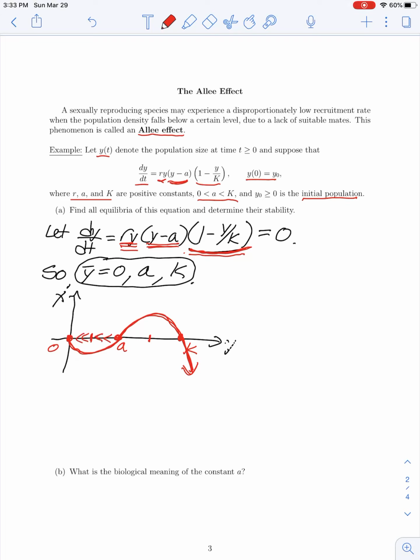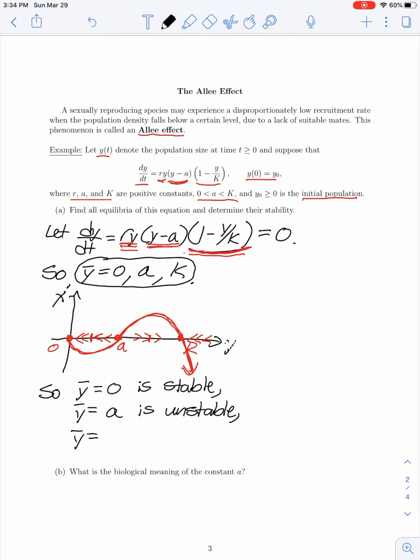So based off this phase diagram that we're looking at, we find that between 0 and a, the values of y are decreasing. Between a and k, the values of y are increasing. And for values of y that are greater than k, y is decreasing. So we find the following stability results. The 0 equilibrium is stable.